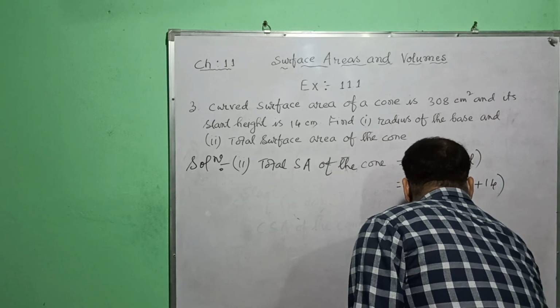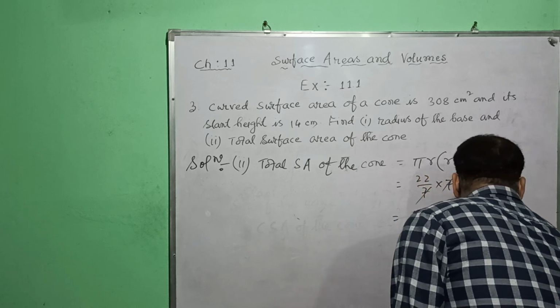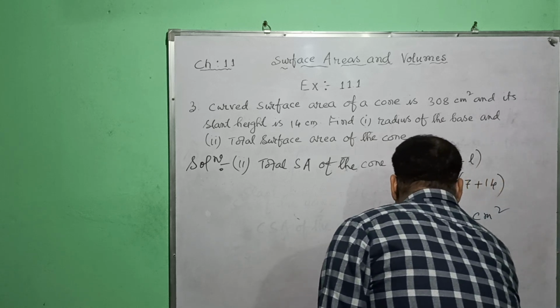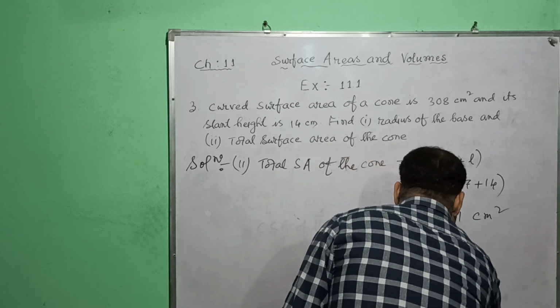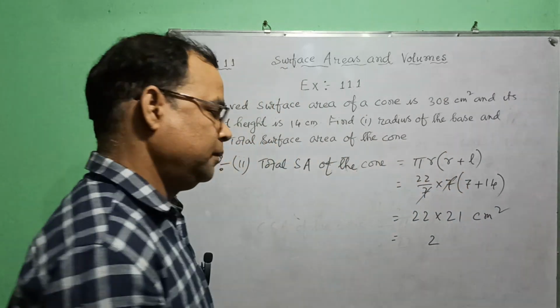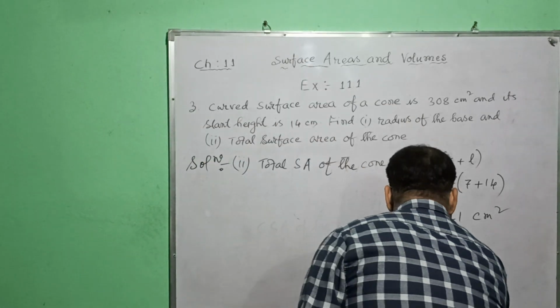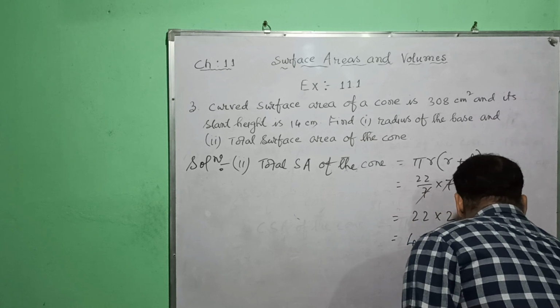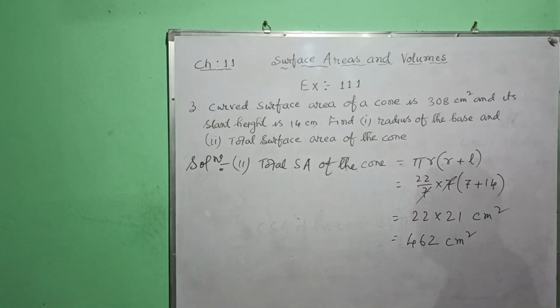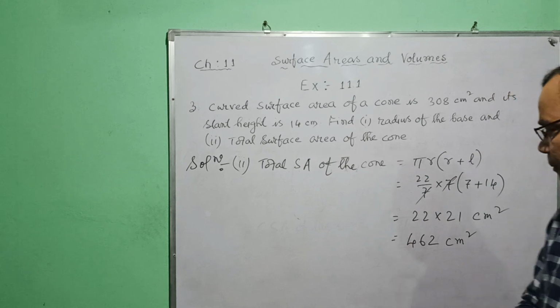So 22 into 21 centimeter square. If we multiply it, it is 462 centimeter square. So this is the answer of question number 2.